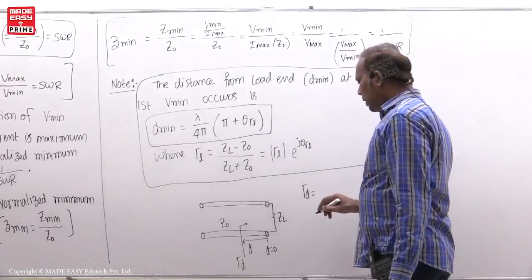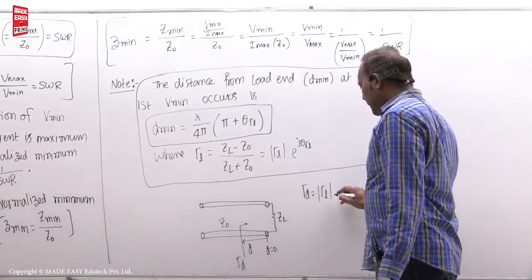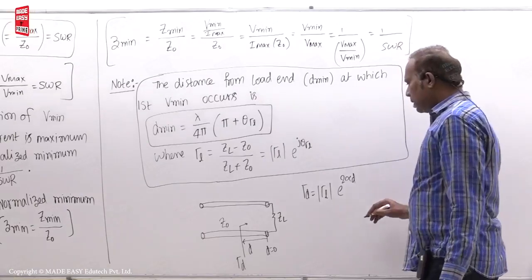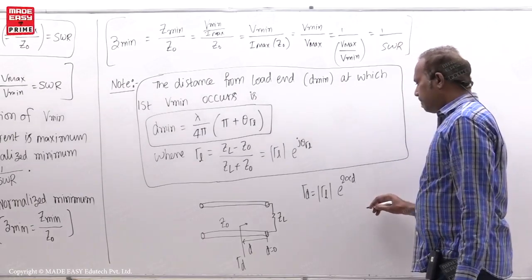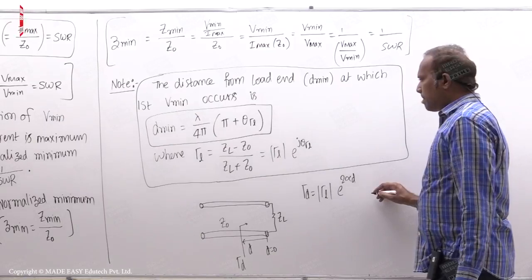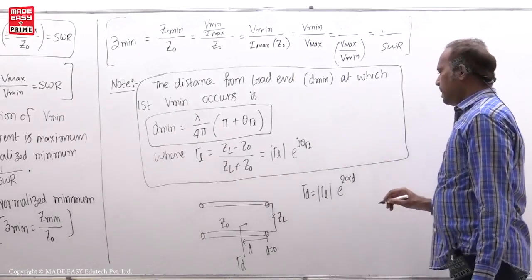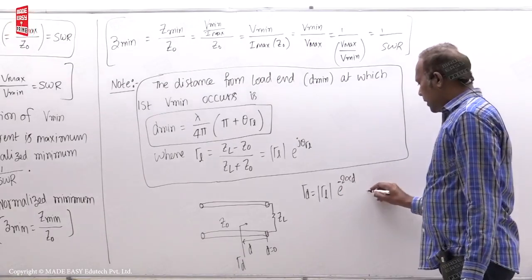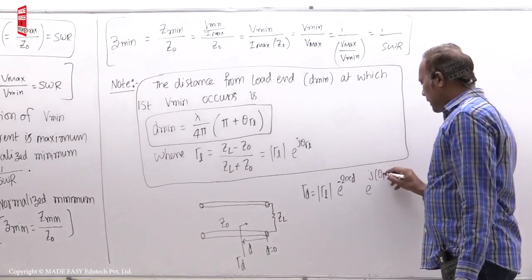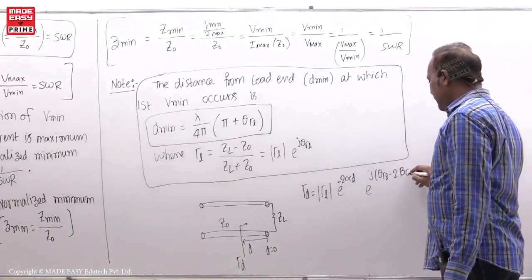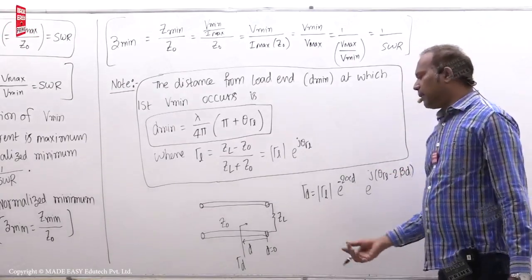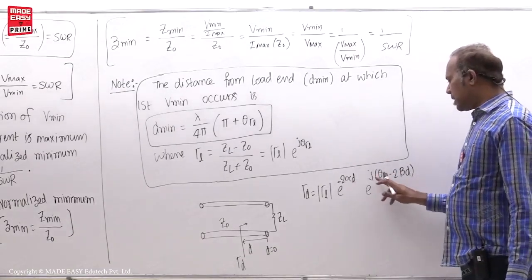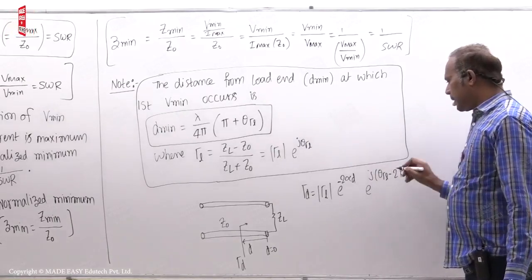Gamma d is equal to, I told you to remember that, mod gamma L e power minus 2 alpha d, e power j theta gamma L minus 2 beta d. So this was the reflection coefficient at d distance.